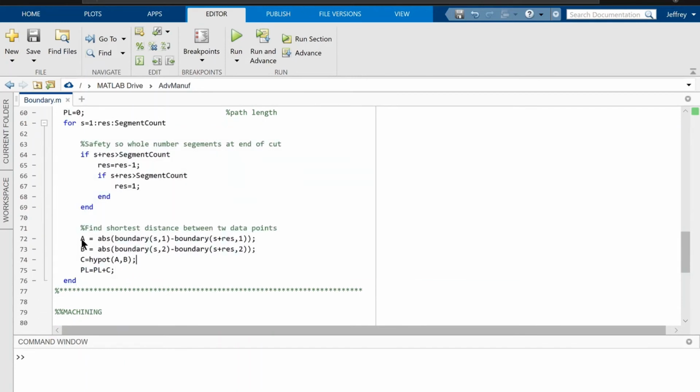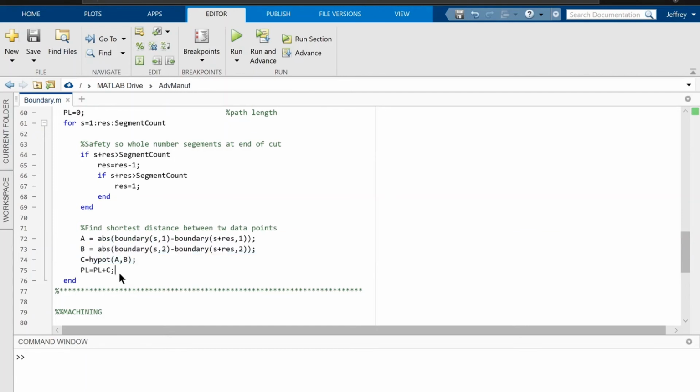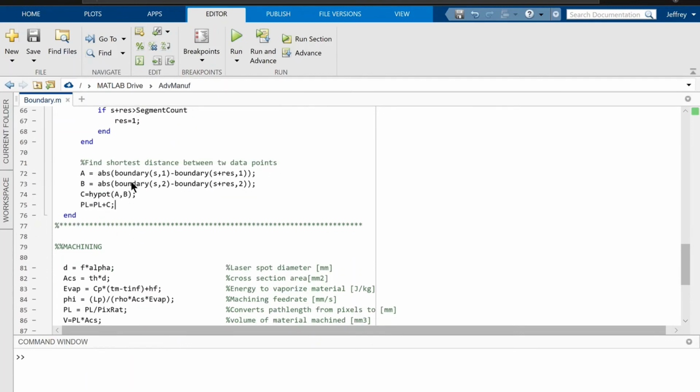Path length is calculated by looking at individual points of the boundary and finding the shortest distance between those 2 points. Typically you could just go point to point to point, but because we can change the resolution, those points might not actually be tangent, and this function helps us get the shortest distance between those points. That concludes the second part.